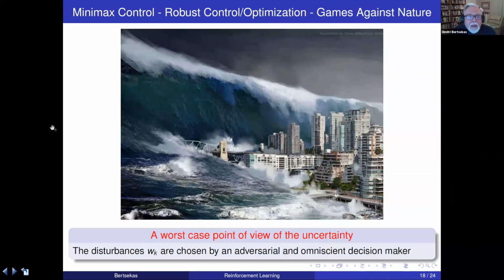So, okay, about the name, first of all. The name that I'm going to be using is Minimax Control. And for a while, it was the dominant name for this type of problem. Nowadays, you see the name robust control, which is about the same thing.